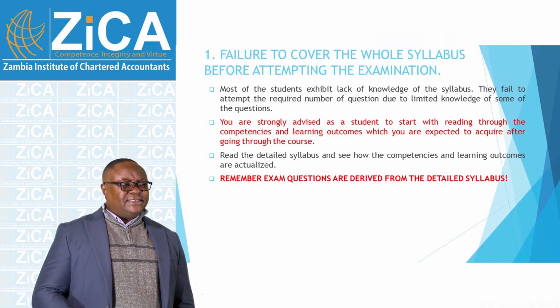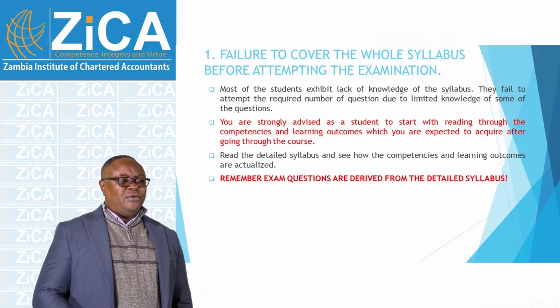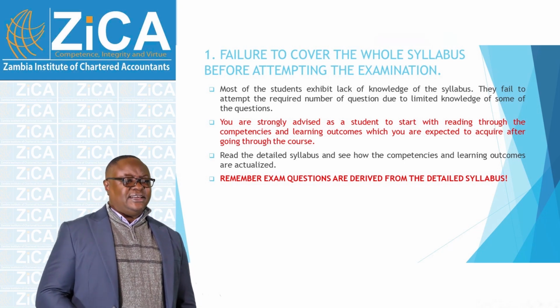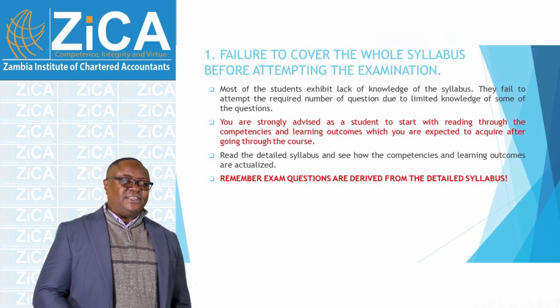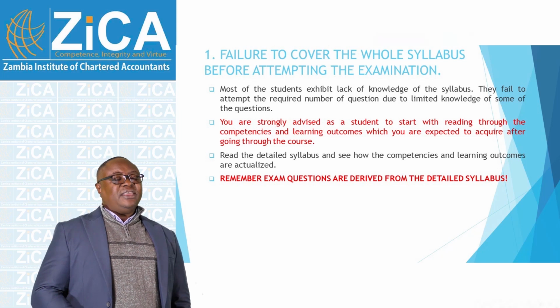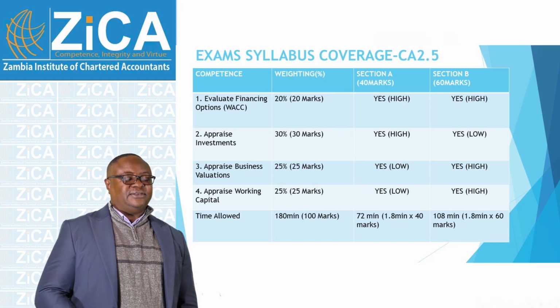To demonstrate this, let me share with you just a map of how the exams are done. So let's look at the exam syllabus coverage for CA 2.5, so that you see that if you are not covering the entire syllabus, you have little chance of passing.